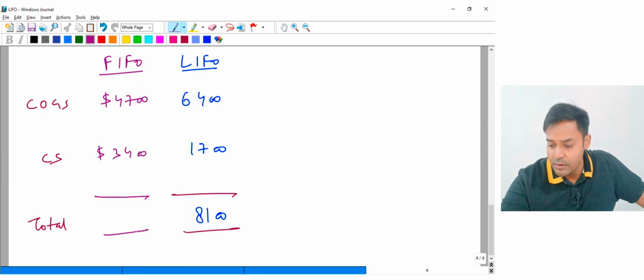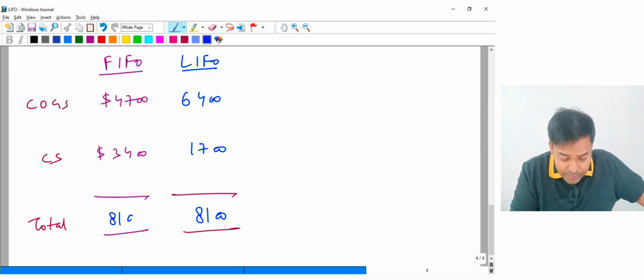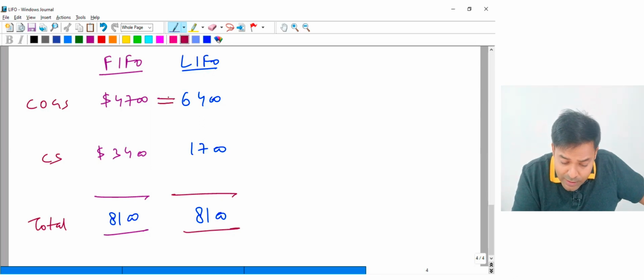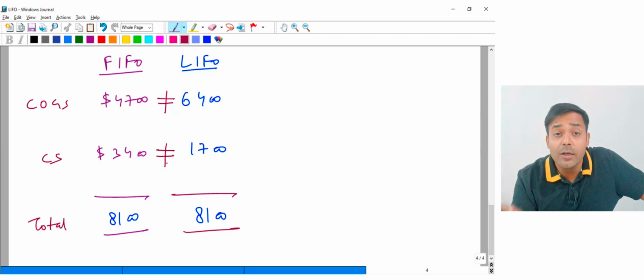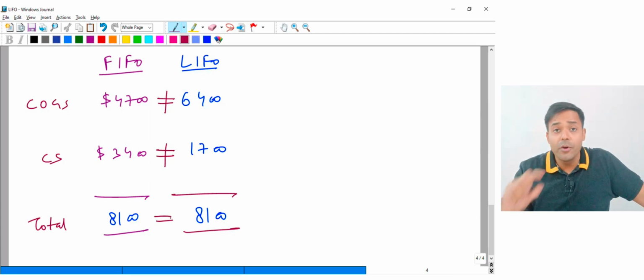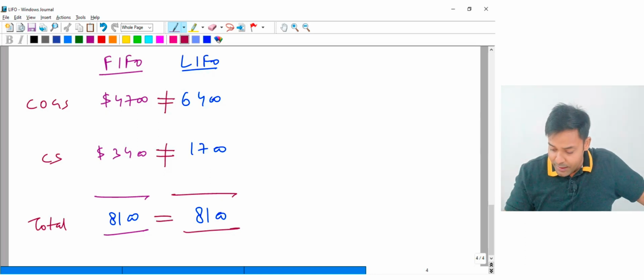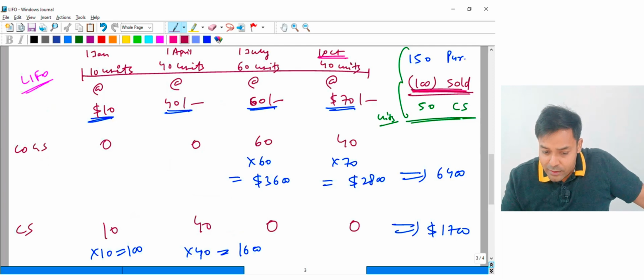What is the total? 4,700 plus 3,400, it's 8,100. That means COGS will not match, closing stock will not match, but the total will always match. This is a point for you to cross check whether you have made any mistake or not. Okay, that's how we do the LIFO.